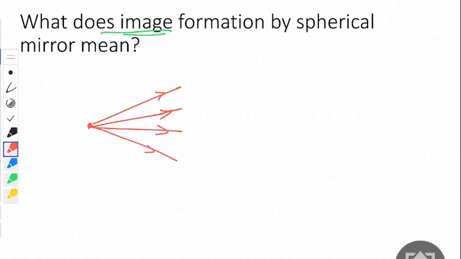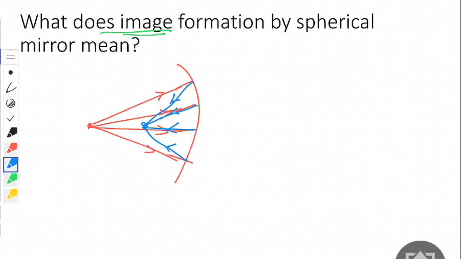Now let us say I put a mirror, and all these light rays after reflection go and meet at this particular point. After reflection they don't change color, but just to show you, I'm going to use a different color. So all these rays after reflection come to this point.